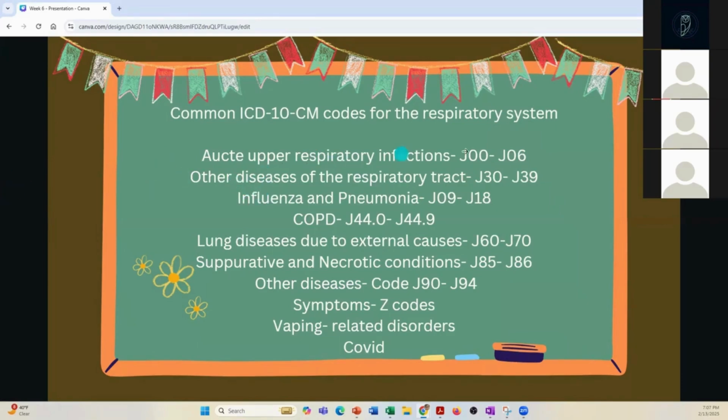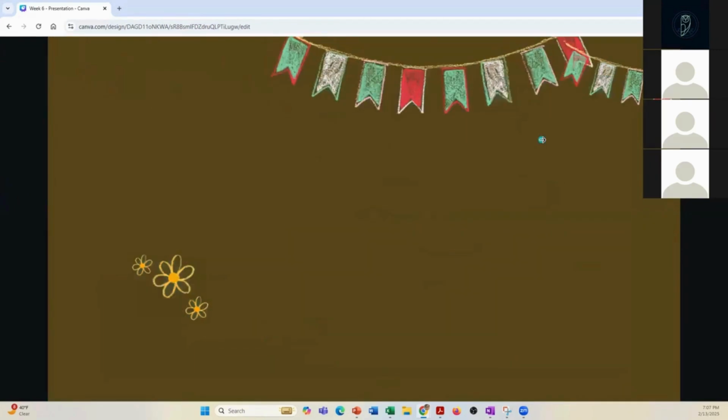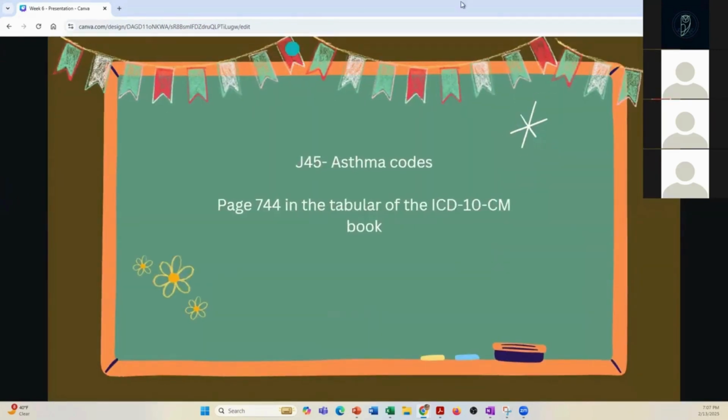I also just want to take a minute to review some of the ICD-10 coding guidelines. To look at an example, let's turn to page 744, which has the asthma codes in the ICD-10 book.